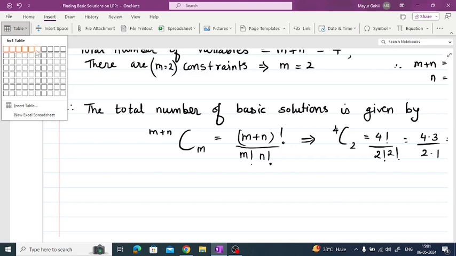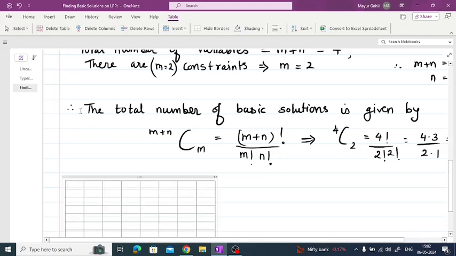I will need 8 columns, and with 6 solutions plus 1 header row, I will need 7 rows and 8 columns.